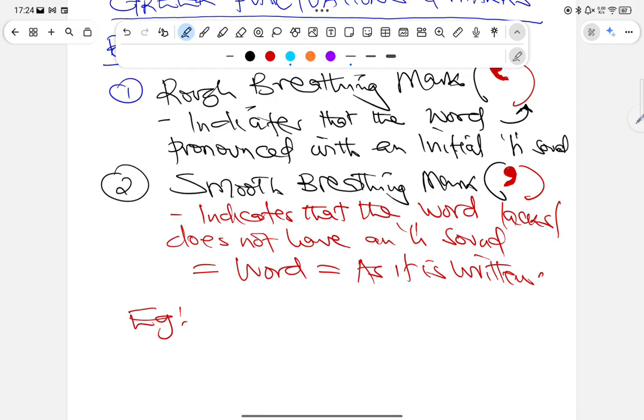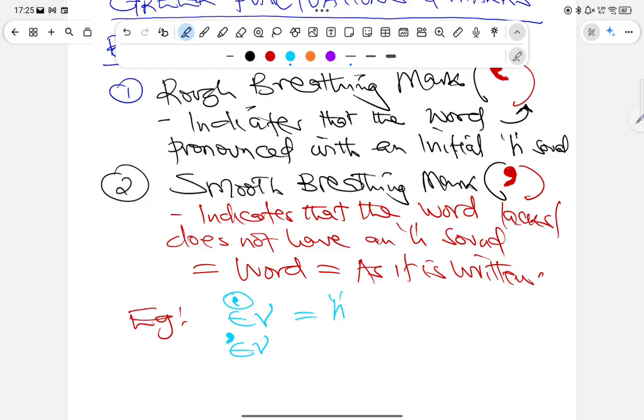We have epsilon nu with a rough breathing mark, and we have epsilon nu with a smooth breathing mark. Remember we said the rough breathing mark will give you an initial silent H sound.